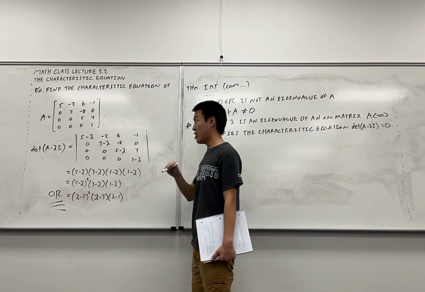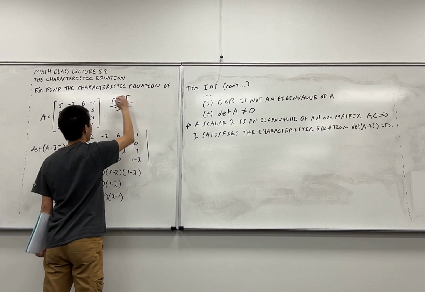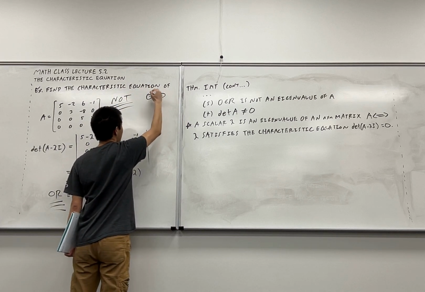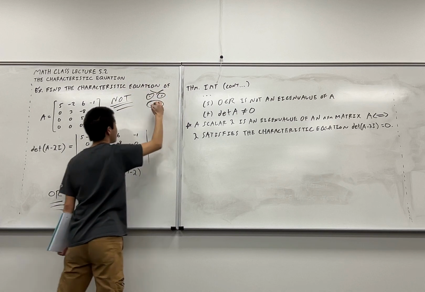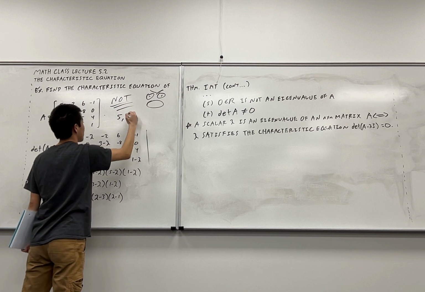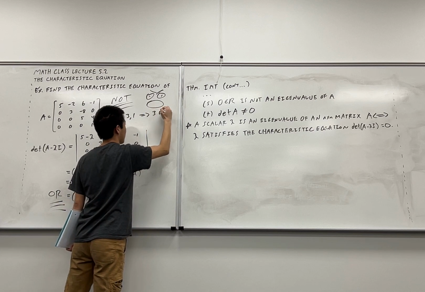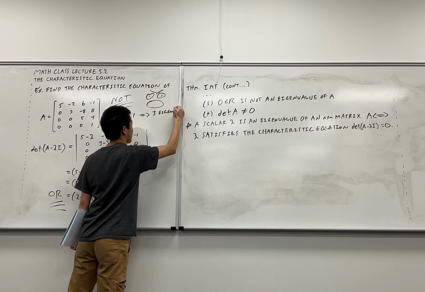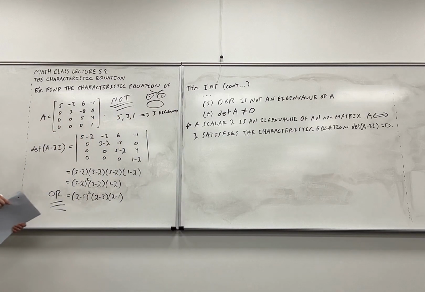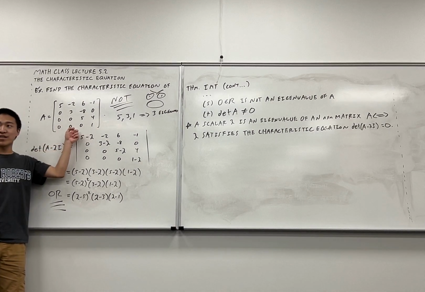So here's what you would not want to say. Do not say that you have 5, 3, 1, therefore you have 3 eigenvalues. Yeah, 4 eigenvalues. Do we see why you don't want to conclude that this matrix has 3 eigenvalues?